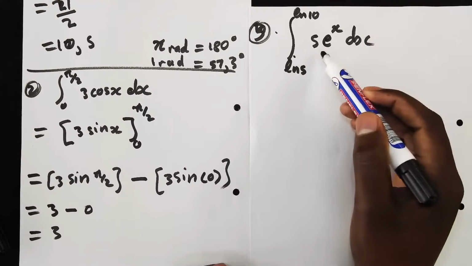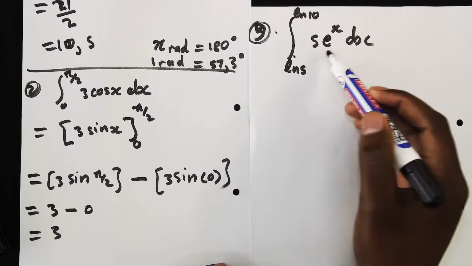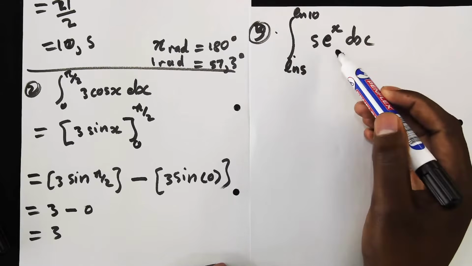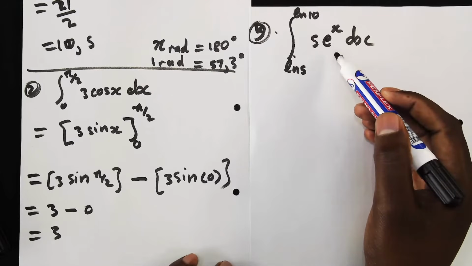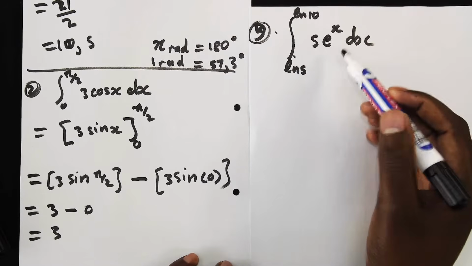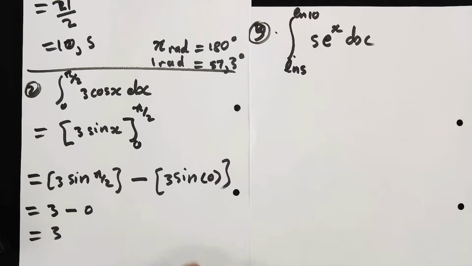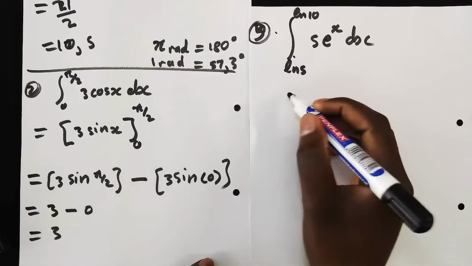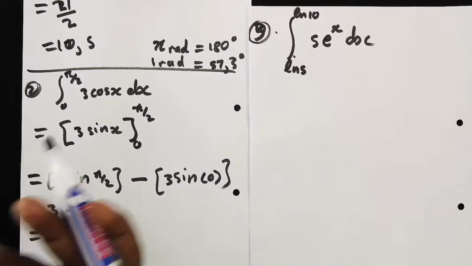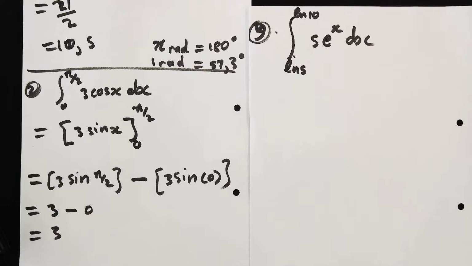We inspect here, it's an exponential function, the one with Euler's base. So we can inspect because the function is in the numerator and expressed accordingly. We don't have a product of functions. We can integrate.